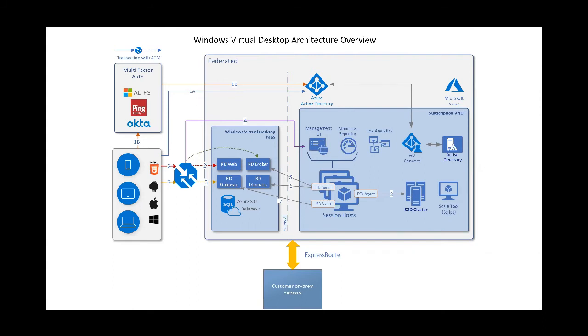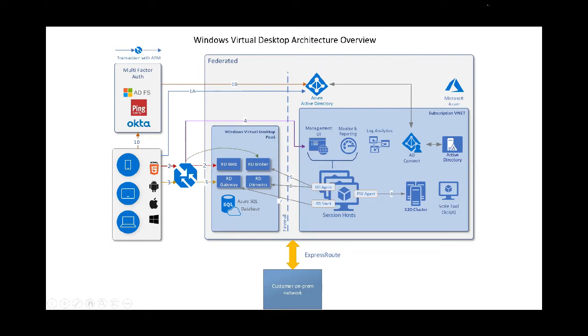This is the service that provides the dashboard that the users will see, and all the assignments, apps, and the desktops that are assigned to them by the administrator. So once they make a connection to the RD Web, in the backend, the RD Web component actually talks to the component called RD Broker, which is basically the brain of the service.